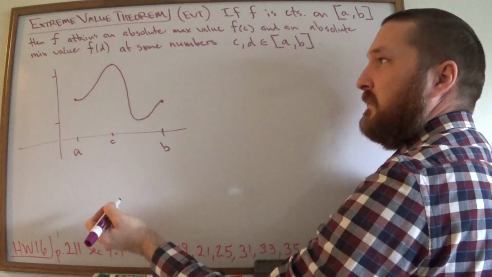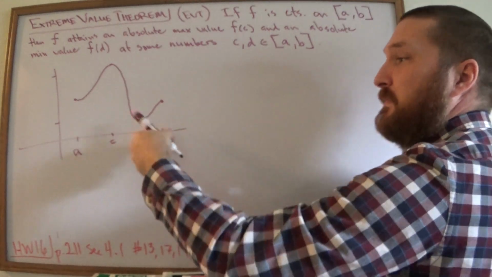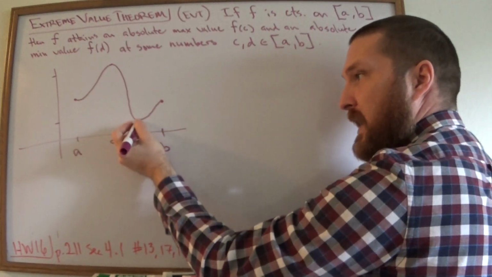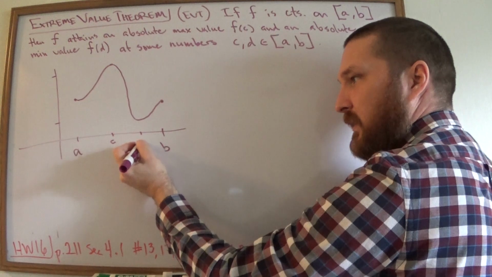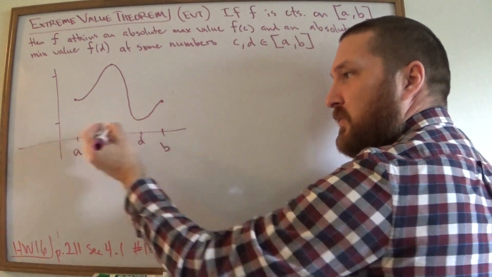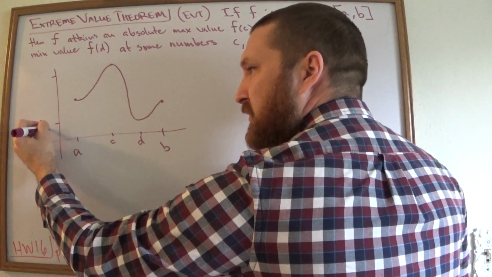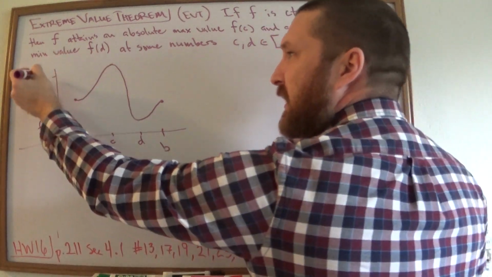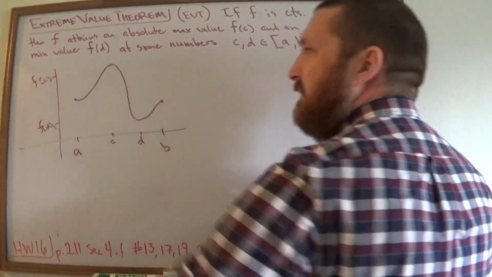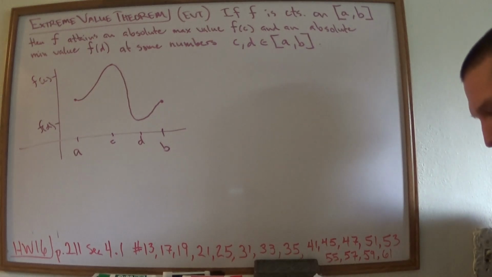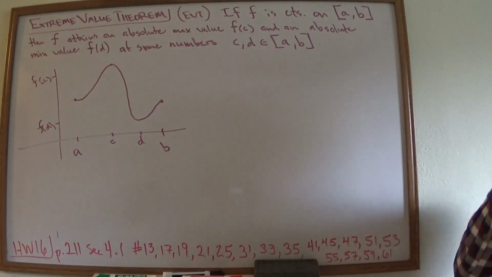Let's call it c. It attains an absolute min right here at some value in the interval, call it d. And so you plug in your f of d and you get that value, you plug in your f of c and you get that value. So that's what the extreme value theorem is.